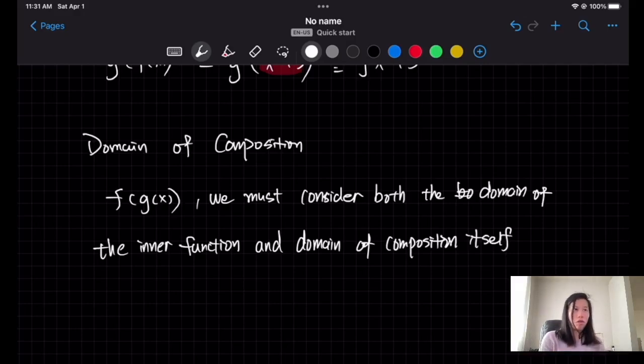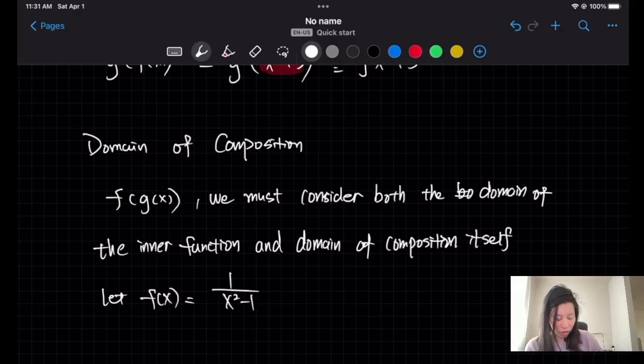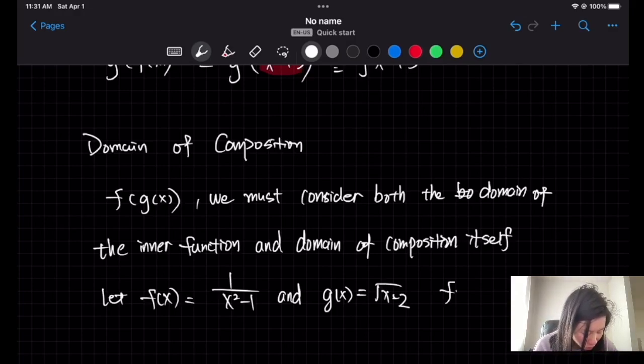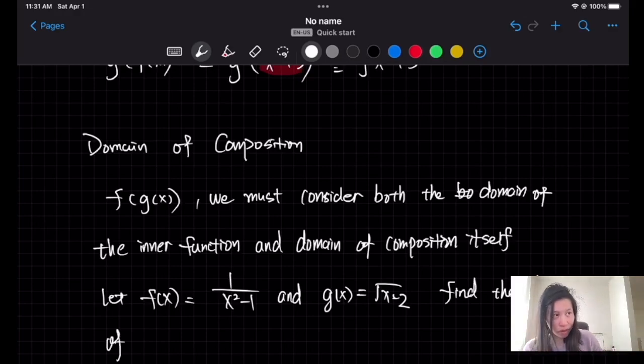Okay, so for example, let f of x equal 1 over x squared minus 1 and g of x equal square root of x minus 2. And I want you to find the domain of f of g of x.